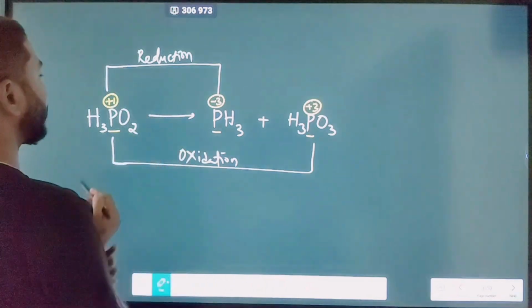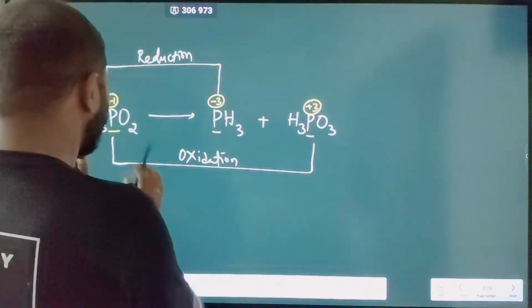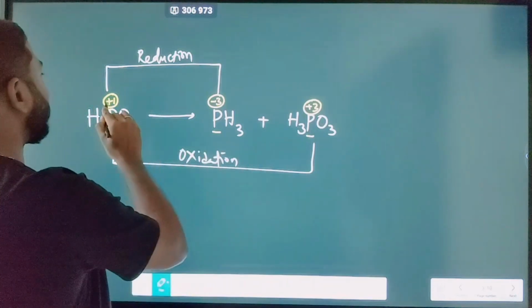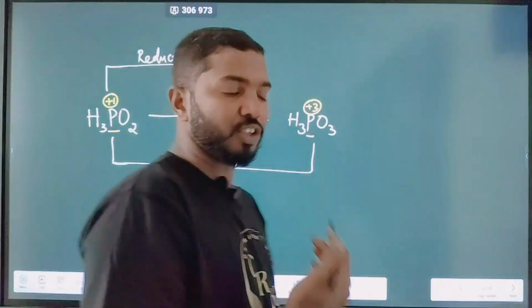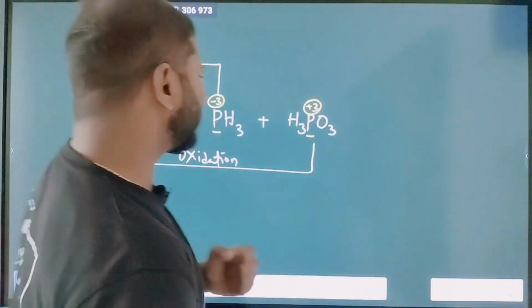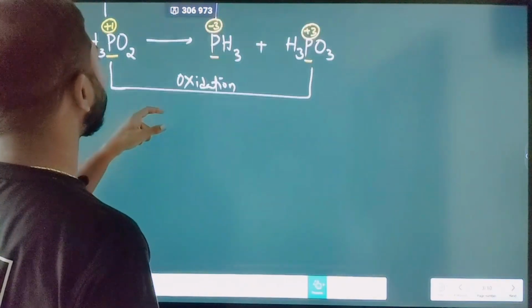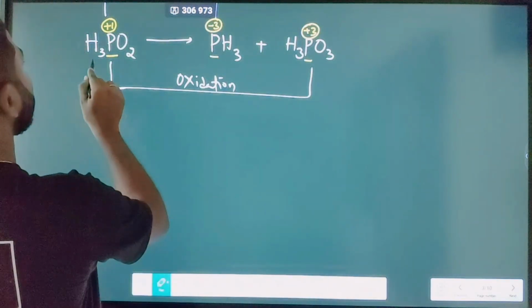Let me take one example to understand this. Here we have one particular reaction. Now +1 to +3 is oxidation, and +1 to -3 is reduction. Let us calculate the number of electrons involved in both reactions.